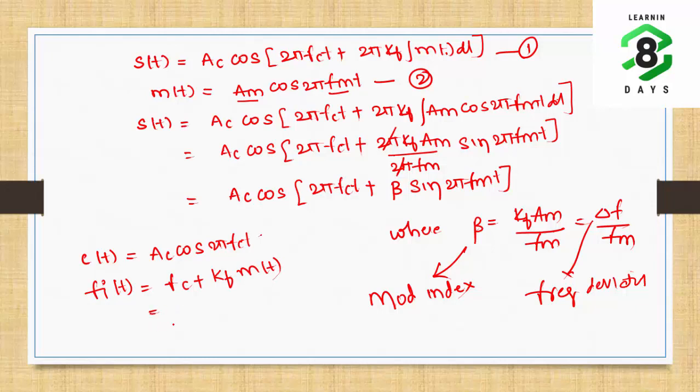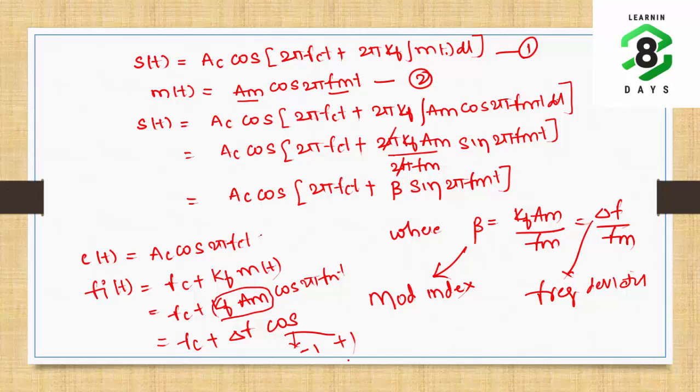In case of single tone modulation, we are writing m(t) as A_m cos(2π f_m t). So let's call this k_f into A_m product as Δf. So this becomes f_c plus Δf into some cos function.